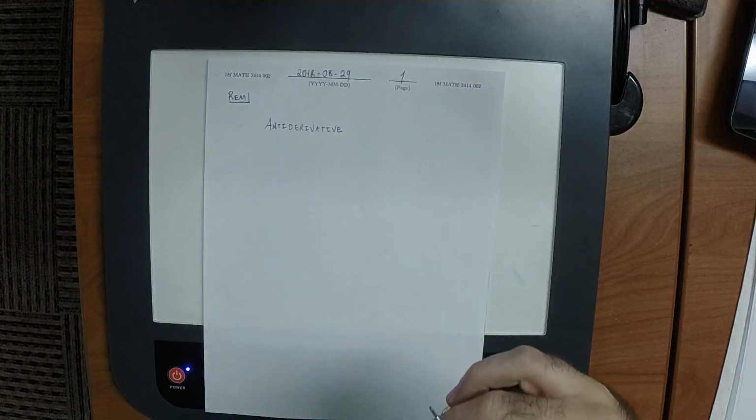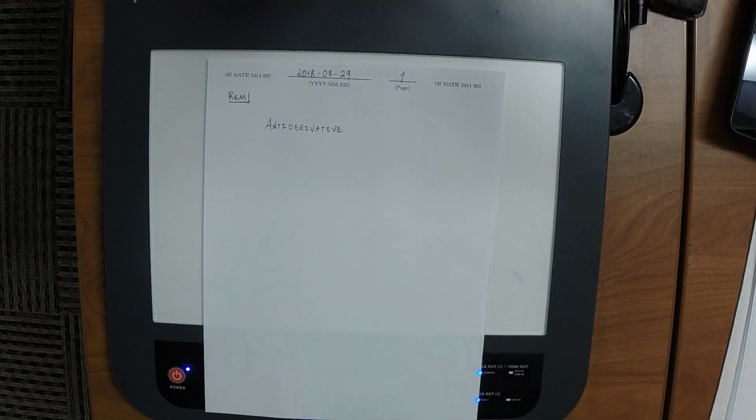So in particular, antiderivative in all contexts, in every conceivable context, always means you're asking the question.